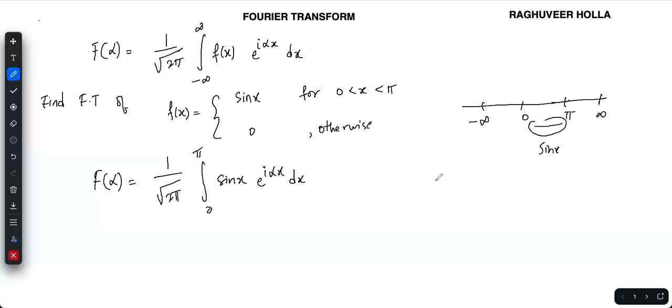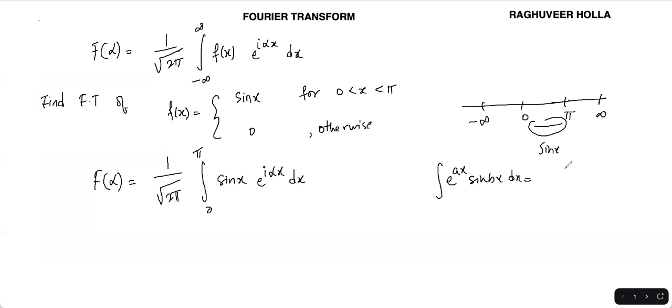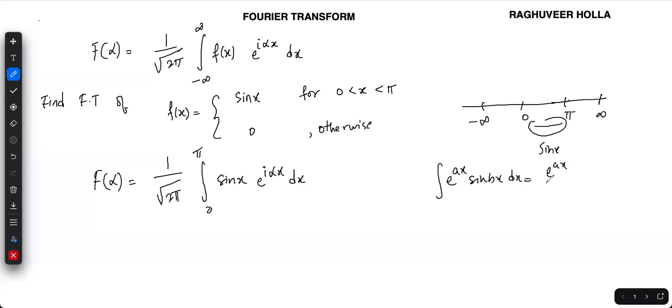Now, if you try to remember, the integral of e to the power of ax sine bx dx is e to the power of ax by a square plus b square, times a sine bx minus b cos bx.